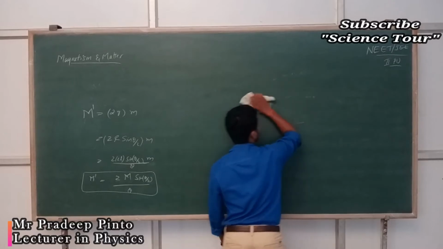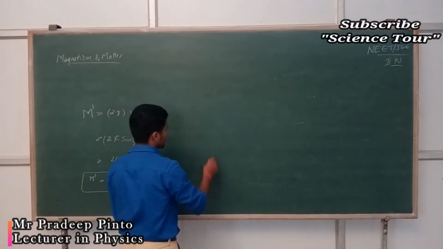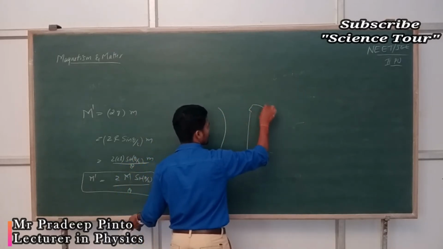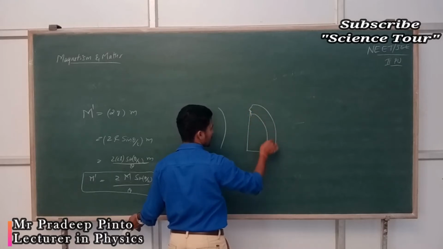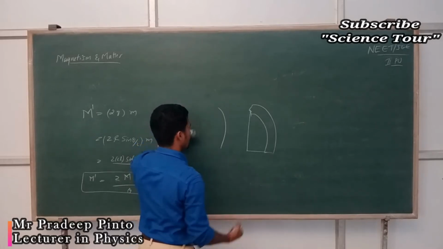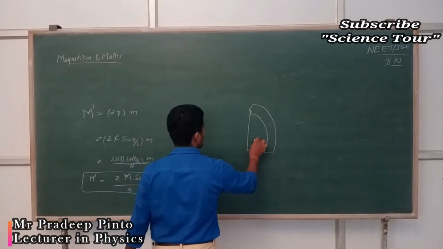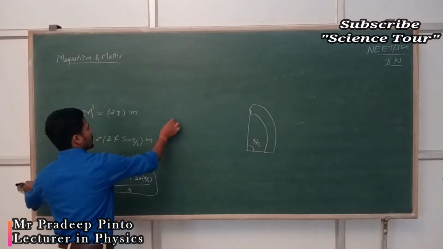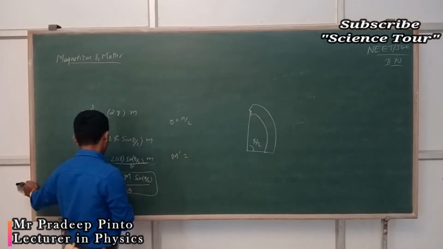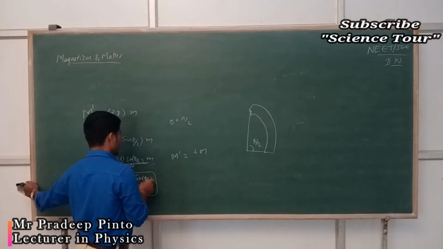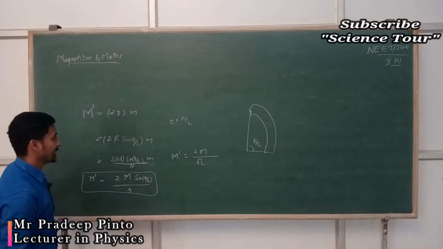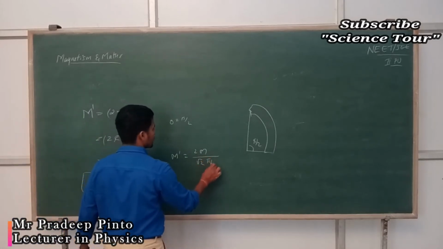So suppose I do an arrangement in this way. Suppose I consider the right angle. That bow is there, it is not stretched in this way, it is stretched and brought here. So this becomes pi by 2. So theta is equal to pi by 2, and if you apply here, m dash is equal to 2m sin pi by 4, that is 1 by root 2, divided by pi by 2, isn't it?